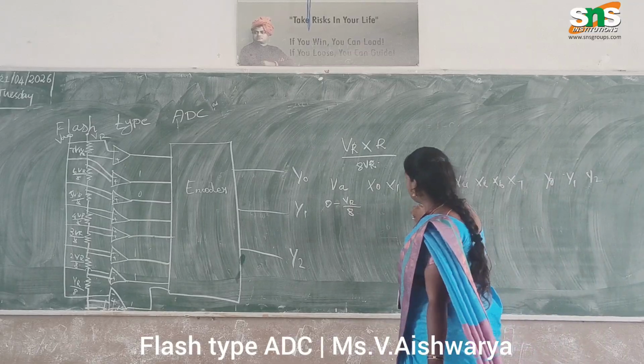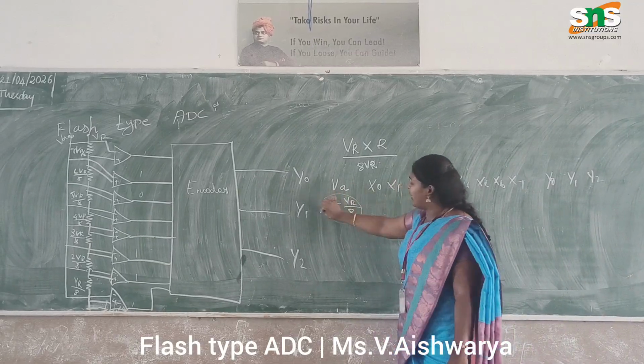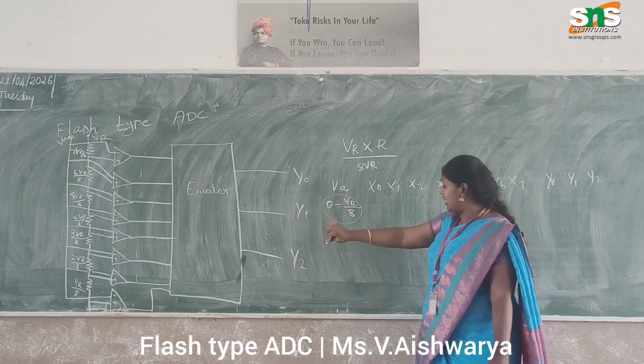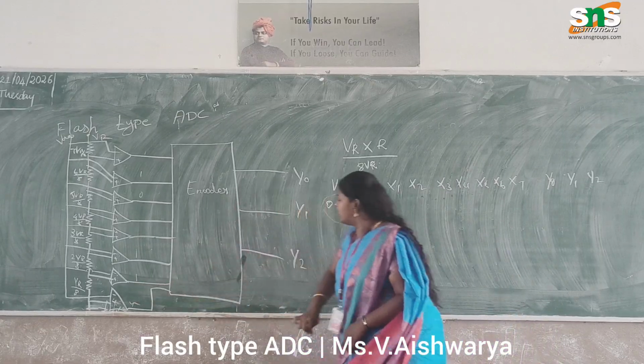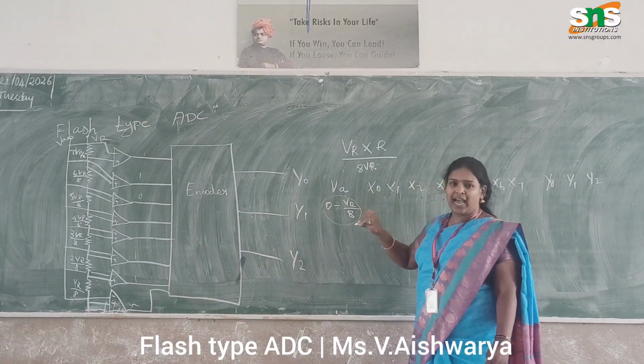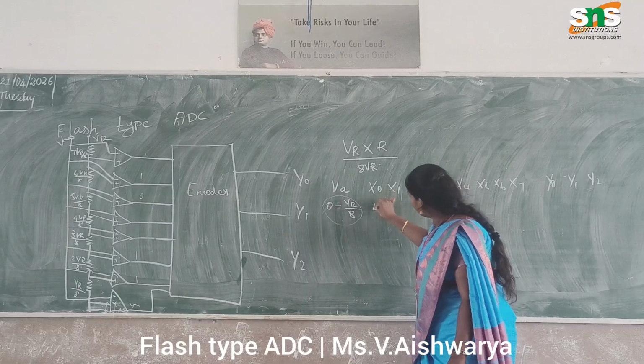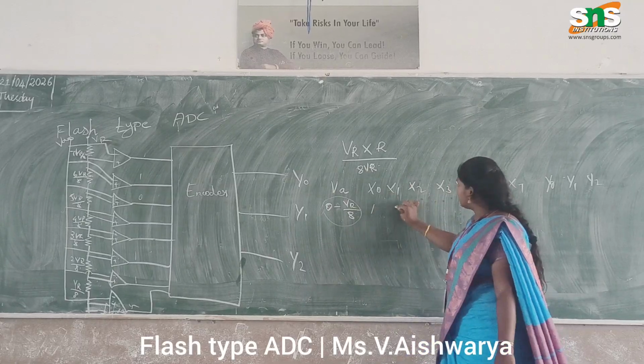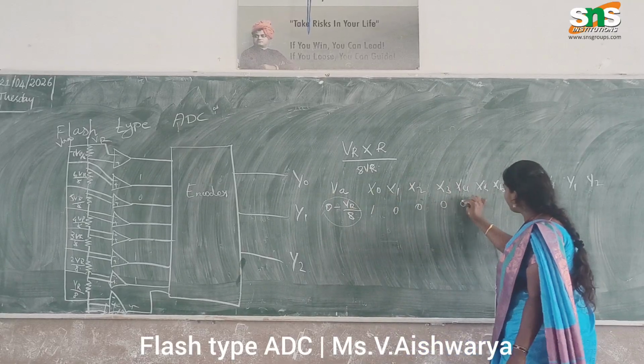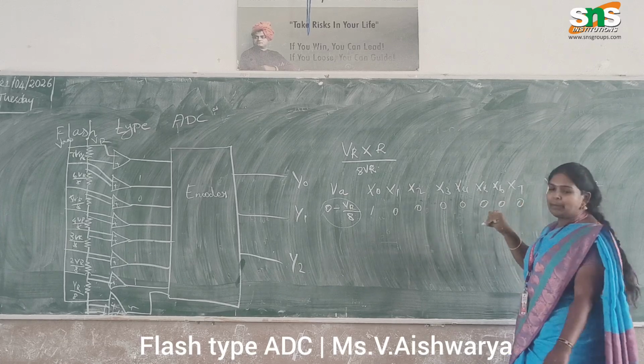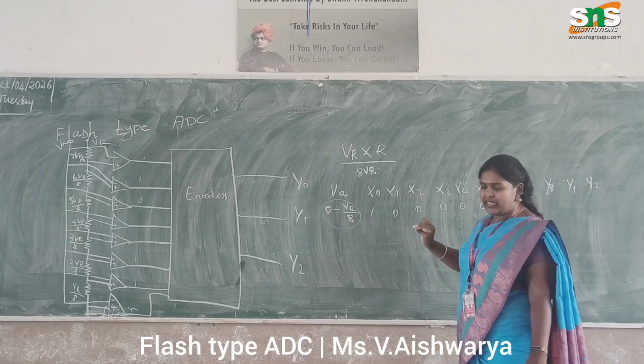This value is applied to comparator 1, so the comparator is enabled. The others are 0, so the remaining comparators are in the off condition.